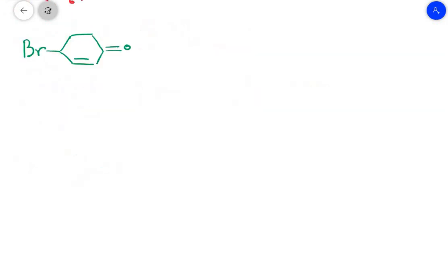And in the next example, numbering is done in such a way that this ketonic group should be having what? Highest priority. So therefore we write it as 1, and we cannot go above because here we are having a double bond. So I'll write here it is 2, this is 3, and this is 4, 5 and 6. At the 4th position we are having a bromine, and at the same time we are having a double bond between the second carbon and what? The third carbon atom, right?